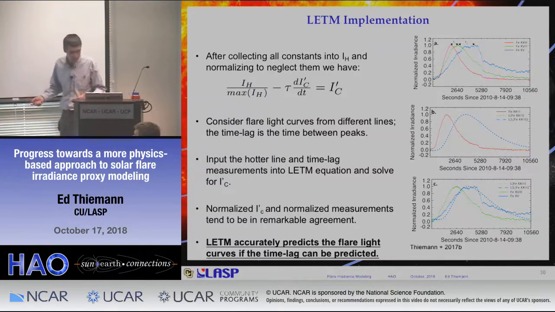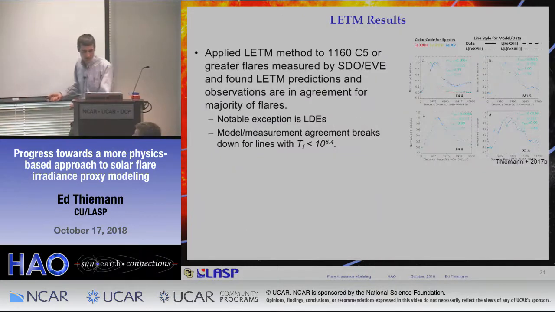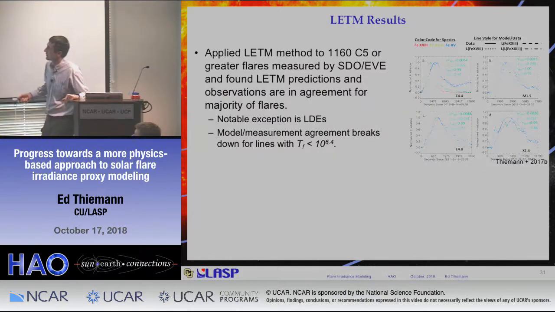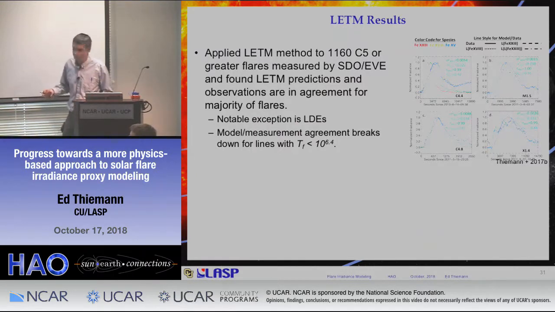And so we went and looked at over 1,100 flares that were C5 or larger measured by SDO-EVE, and found that this relationship holds for the majority of flares. Here's 4 more examples. And in the paper, I think we have a total of 8 other case studies that we showed.